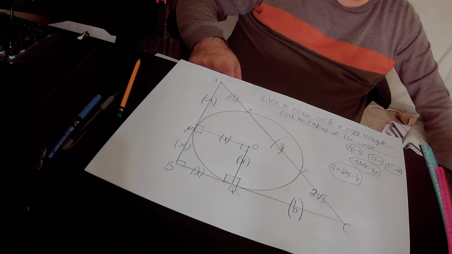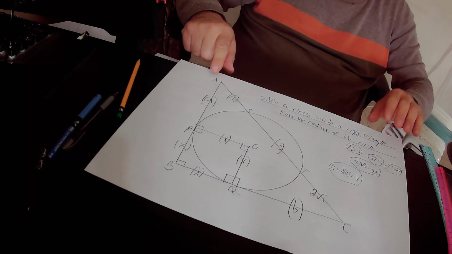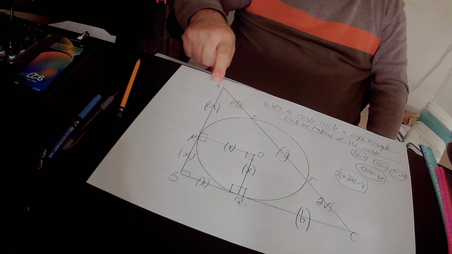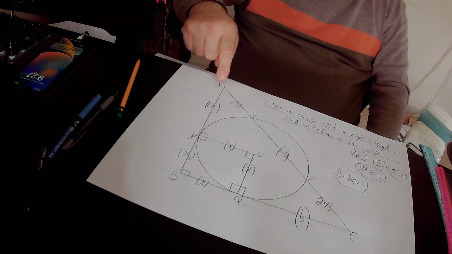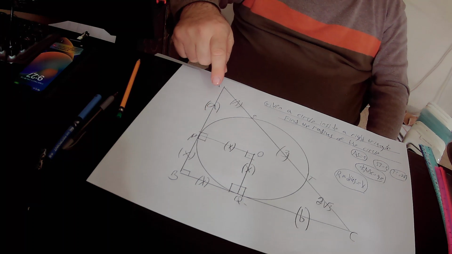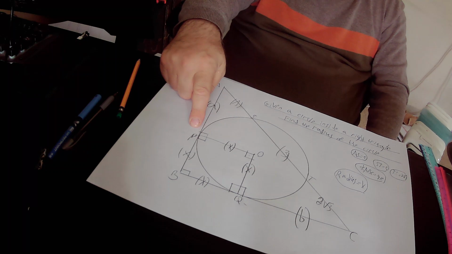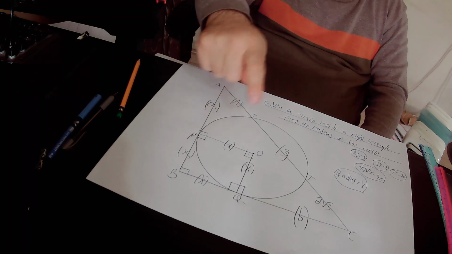Why? Because if we focus at point A, from point A we have tangent AP, that is tangent to this circle at point P. Point P is the point of tangency of tangent AP with this circle.